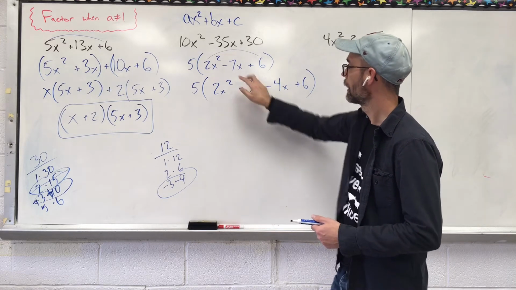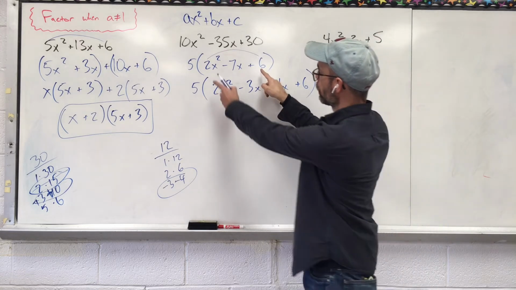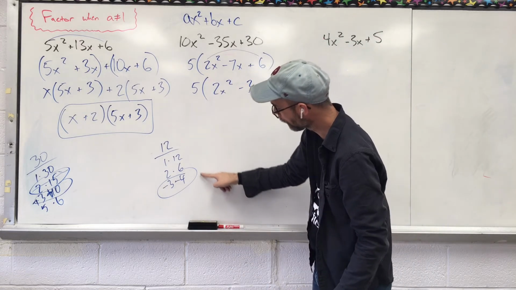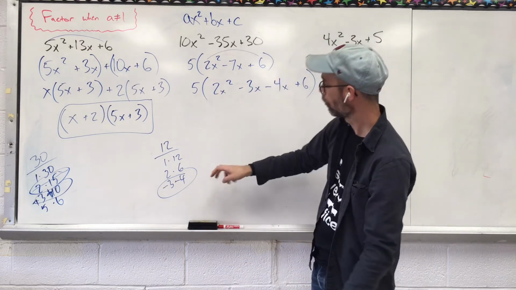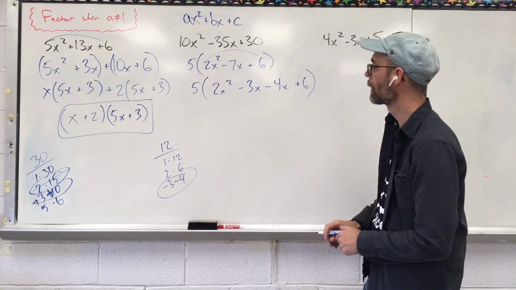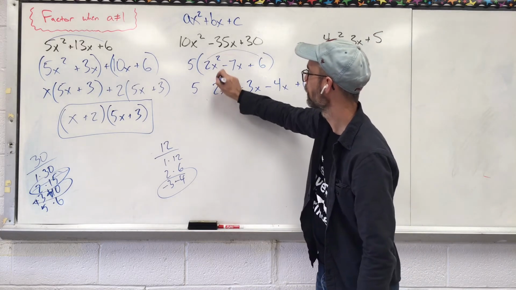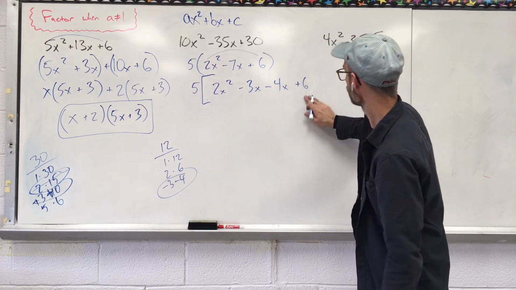So again, this 7 turned into this 3 and 4. Why? Because we found the factors, what multiplies together gives us 12, but adds or subtracts to give us 7, 3, and 4. Now, let me change these parentheses to brackets, see if this helps.